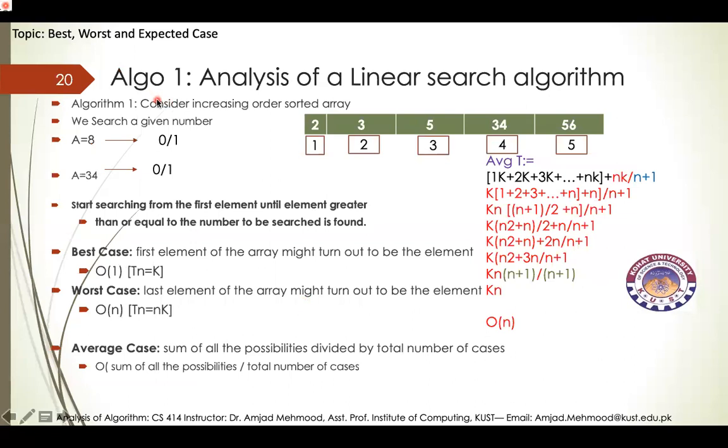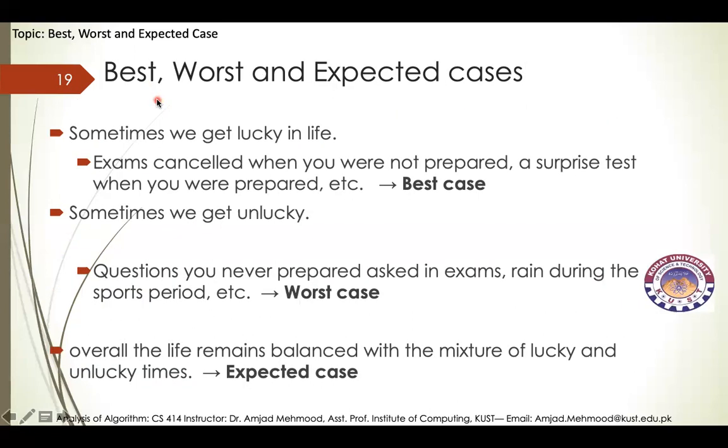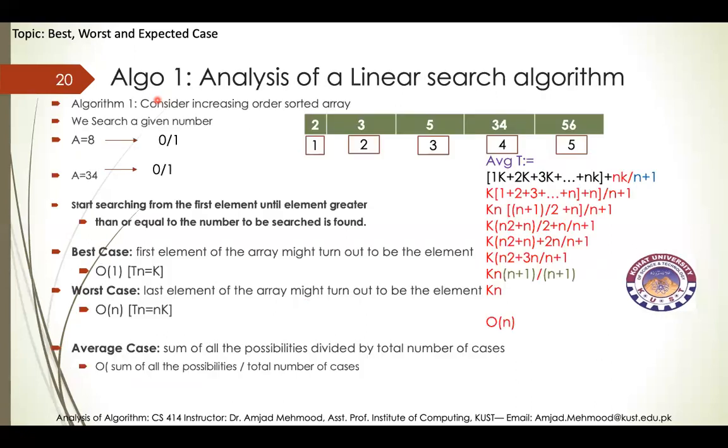So let's understand these best, worst, and expected cases with the help of examples. Let's consider Algo 1. This is a very innocent kind of algorithm. What it does is, if anybody asks this algorithm whether it has a certain value, it will start comparing with each value.